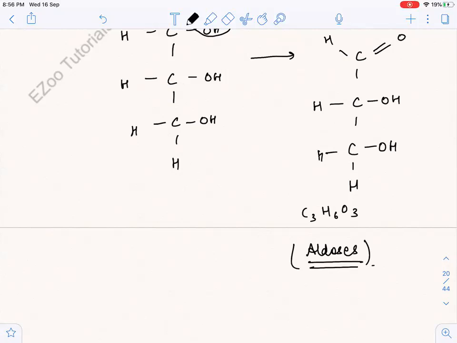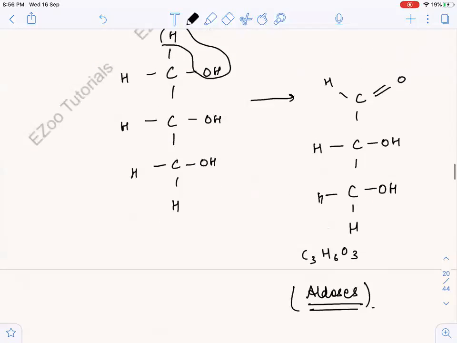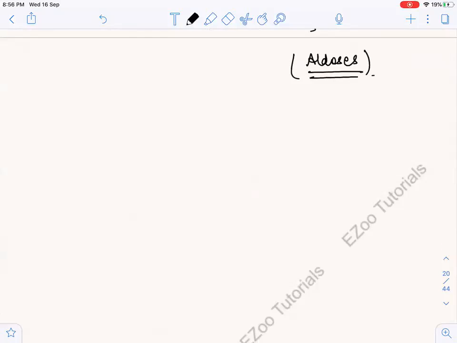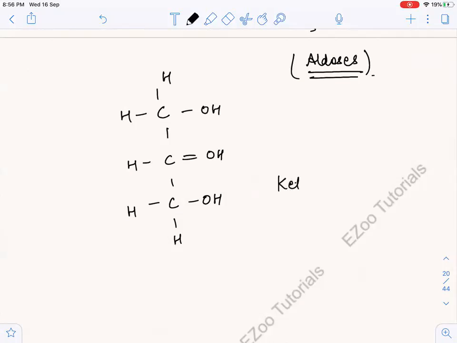Got it? Now you can check your book, read from whatever book you are reading. Okay, now let us see some more things. What are ketoses? We can take out water from some other place also, and then this formula will come. We'll get this ketose. So aldoses and ketoses.